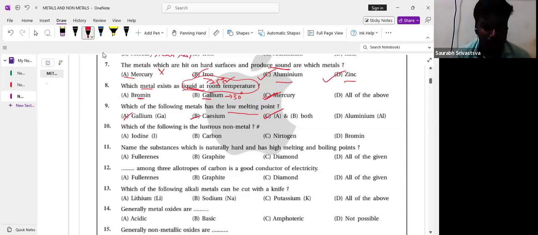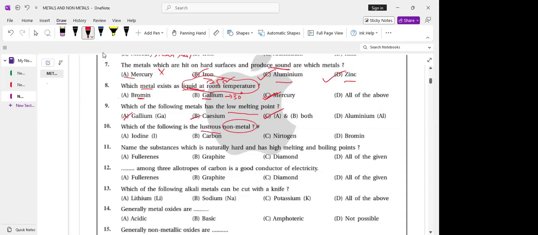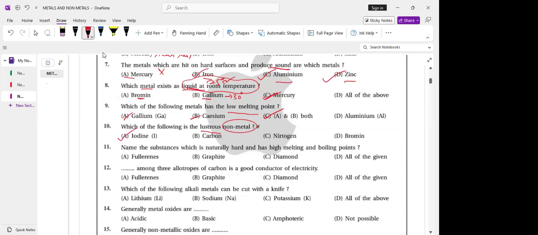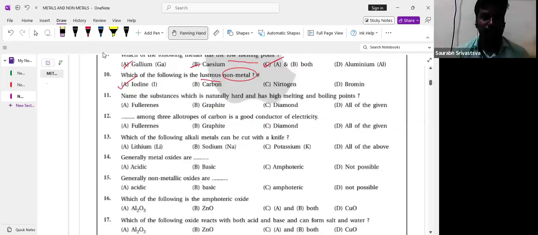And which of the following is a lustrous non-metal? It is not a metal, it is a lustrous non-metal. Only one non-metal is lustrous, and that is called iodine. Okay, iodine is a lustrous non-metal. And next, name the substance which is naturally hard and has a high melting and boiling point.